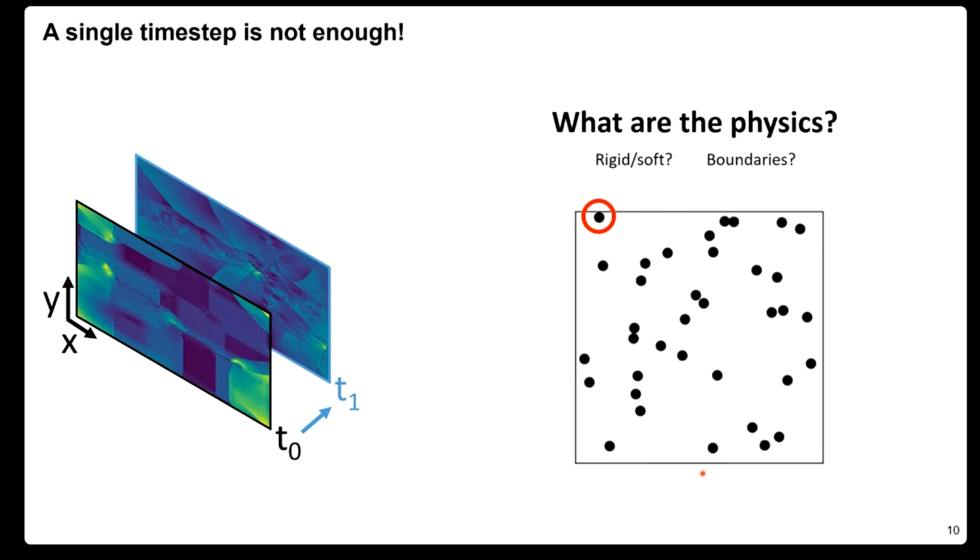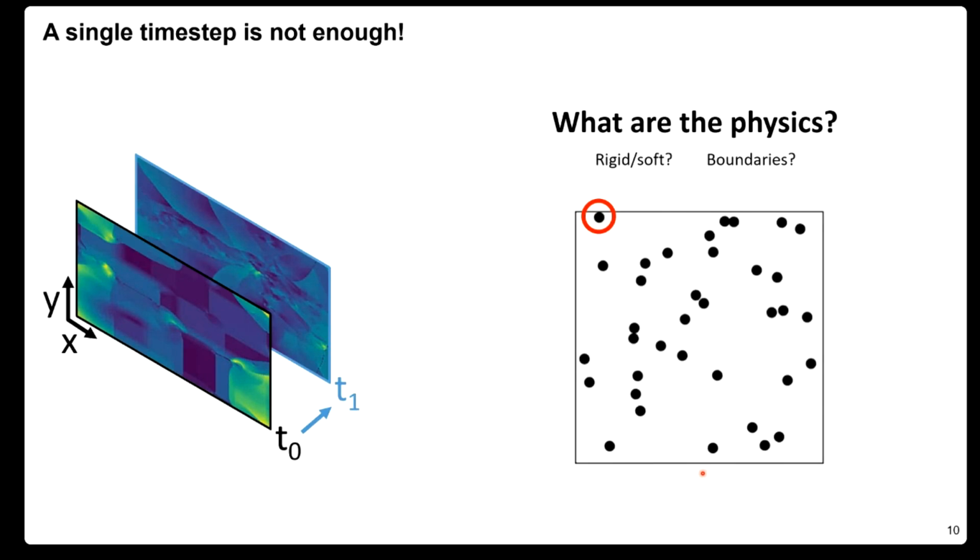Is this a wall and the ball will be bouncing off it, or will it just go through and this is just an artificial boundary? You don't know. You also don't know if the ball is rigid or soft. So from the single image or this single snapshot, it's extremely difficult, or sometimes even impossible, to differentiate different systems. You don't know what system you're looking at.